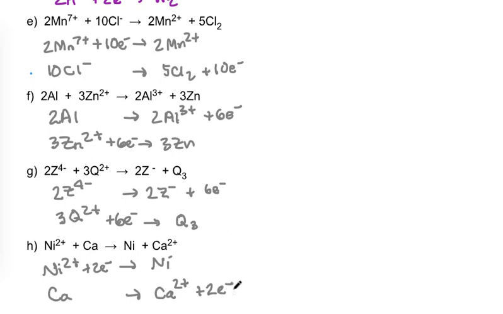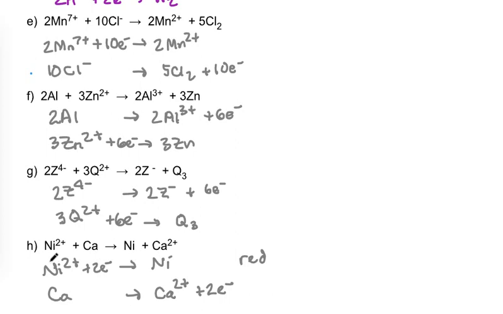Quick review, this last one. Which side is an oxidation and which side is a reduction? Nickel's charge went from plus 2 down to 0. That's what I look for, and that tells me that this is a reduction reaction. The other way you can think of it is nickel picked up 2 electrons, and now it owns those electrons. So gaining electrons makes this a reduction.